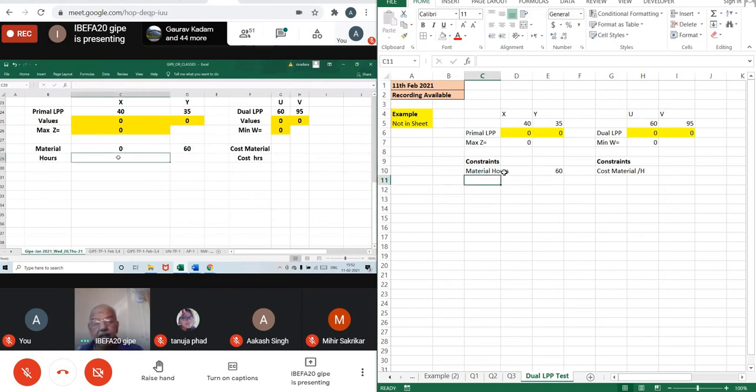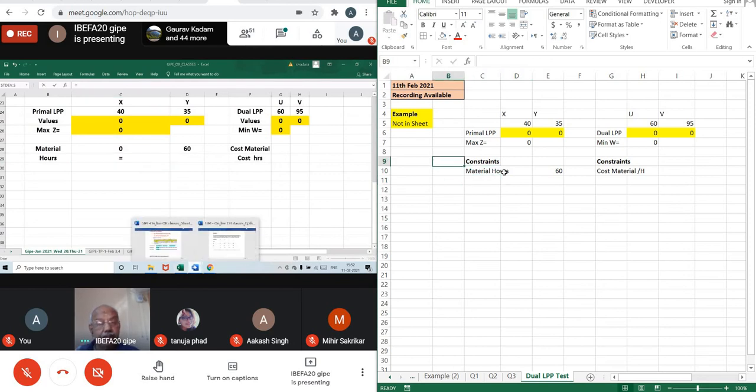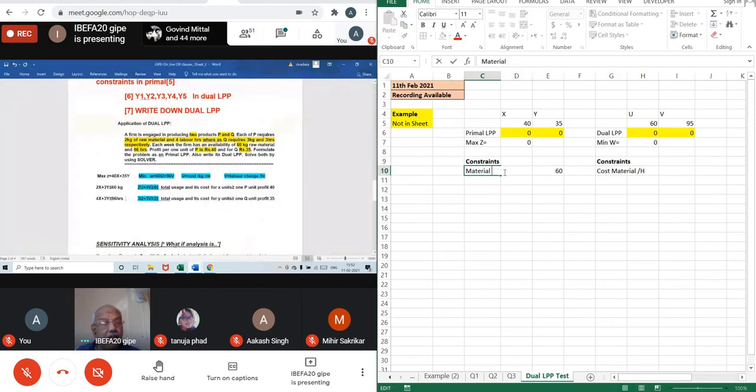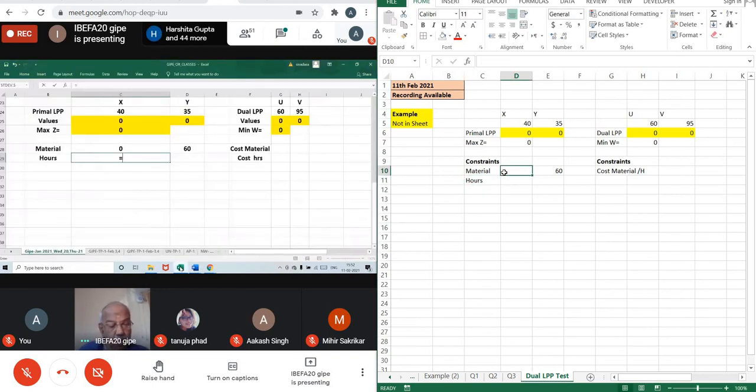Next, equal to 4x plus 3y, four multiplied by x plus 3 multiplied by y, is not more than 96 hours.